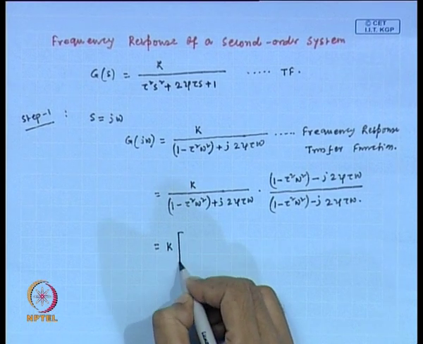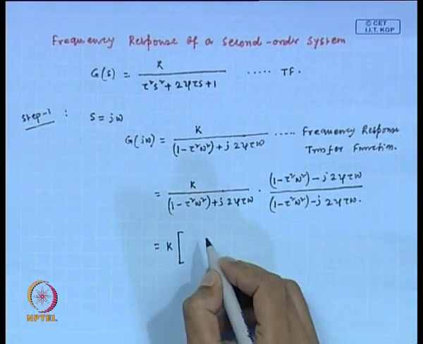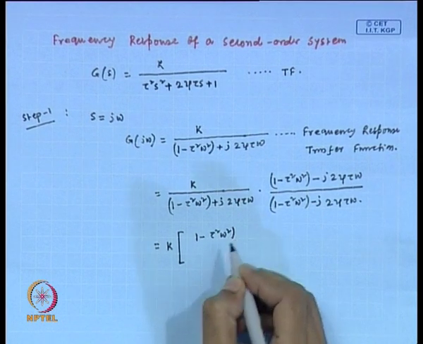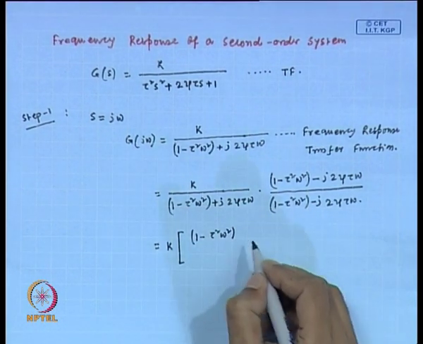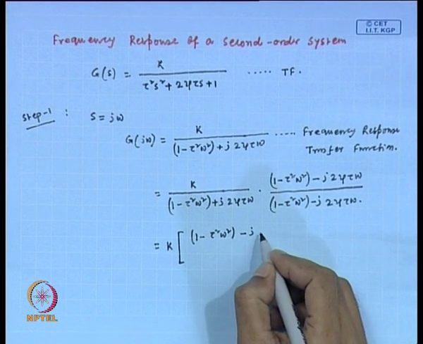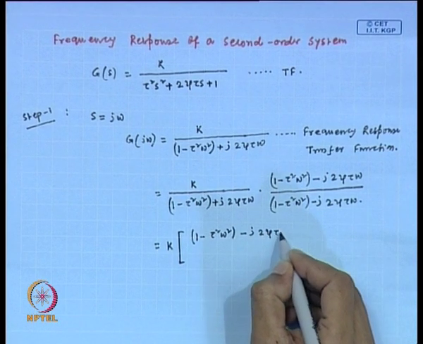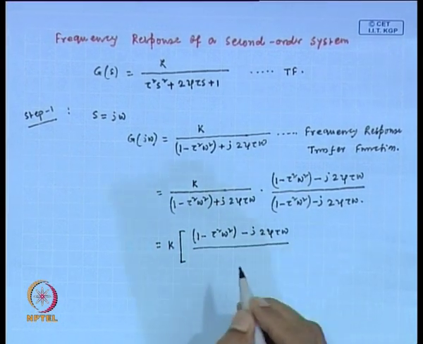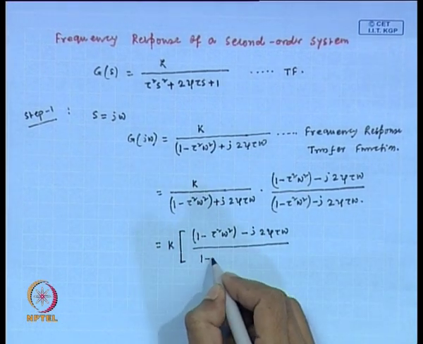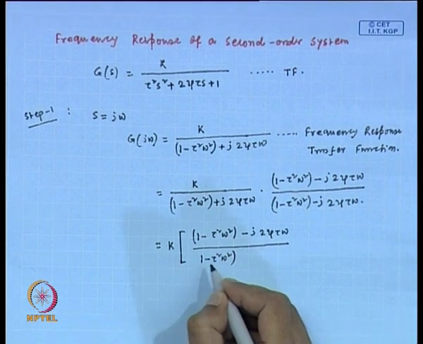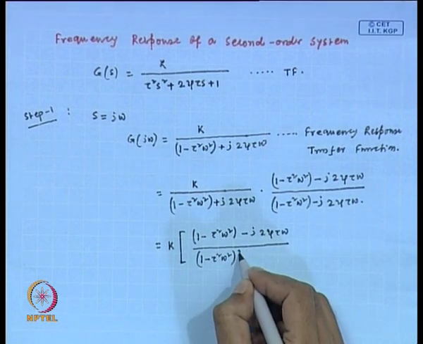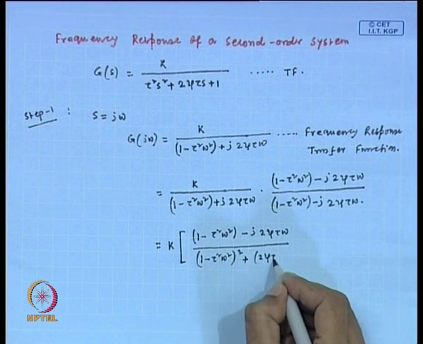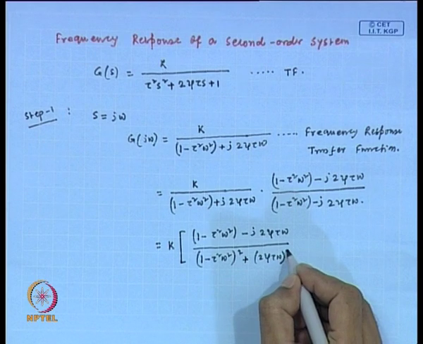k multiplied by 1 minus tau square omega square minus j 2 zeta tau omega, divided by 1 minus tau square omega square whole square plus 2 zeta tau omega whole square.